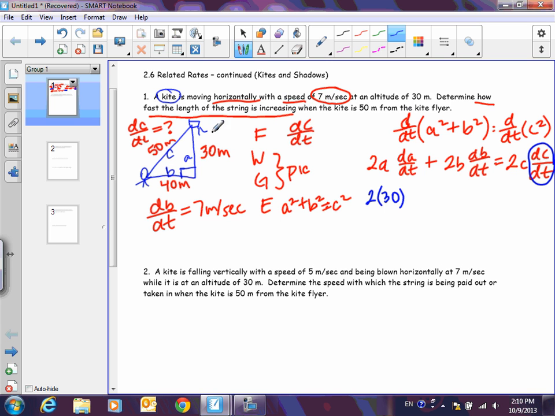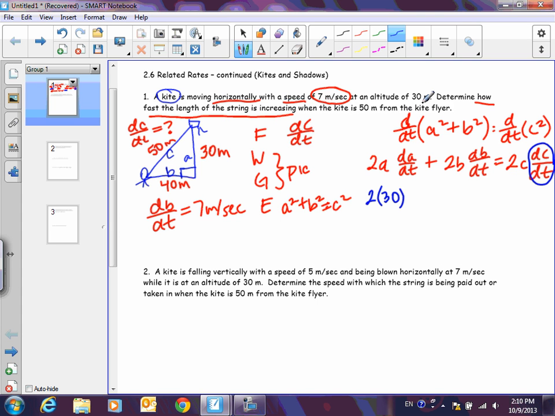dA over dt. They don't give it to us. That means it must be really obvious, or more likely, it's a 0. That's just a typical rule of thumb. So let's think about this. You're flying a kite, and the string's going out, and they tell you your horizontal speed, and they tell you the altitude.